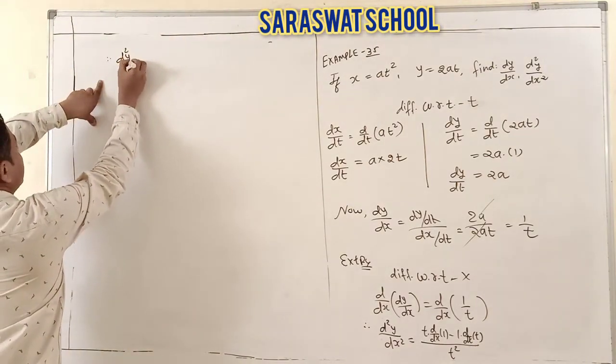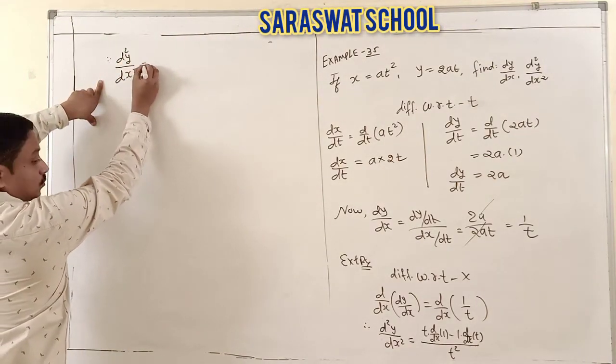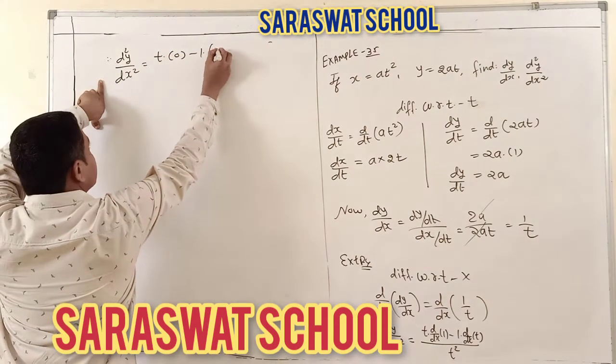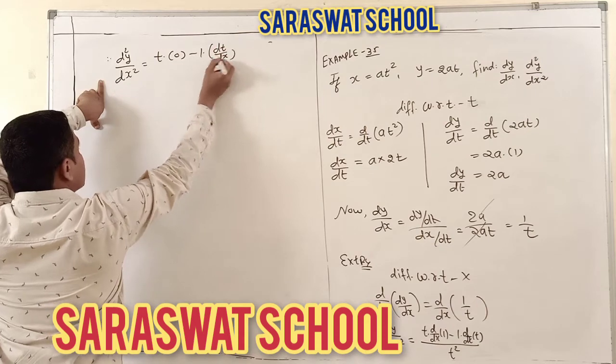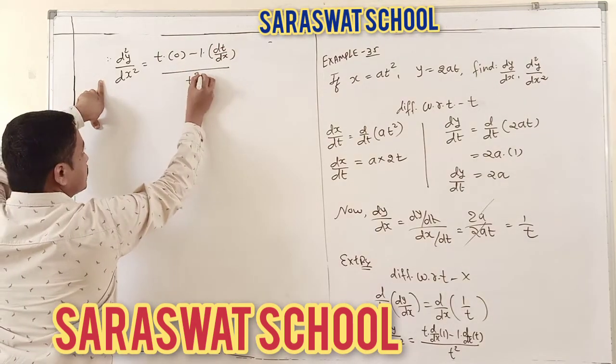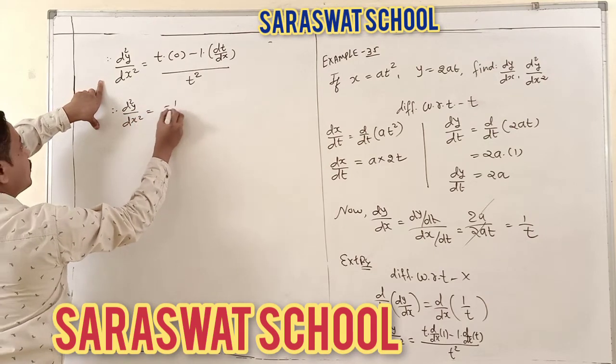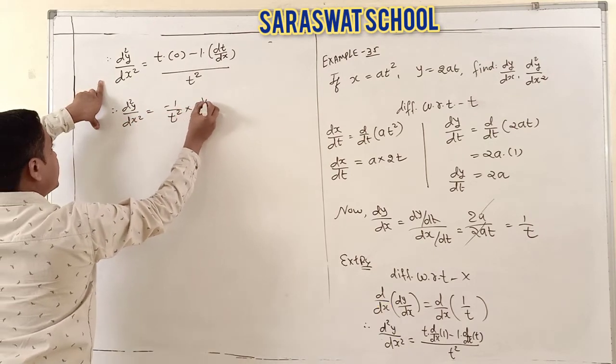d square y by dx square: here the derivative of 1 is 0, minus 1 dt by dx, all upon t square. So finally d square y by dx square is minus 1 by t square times dt by dx.